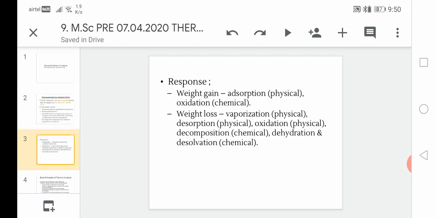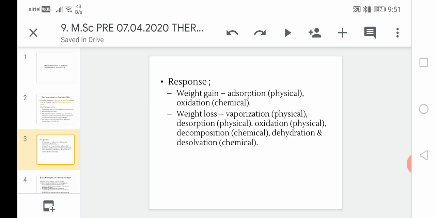So in this technique, there may be a change in weight in gain or loss form. If there is weight gain in the sample, that means adsorption is taking place or oxidation is taking place in a chemical reaction.